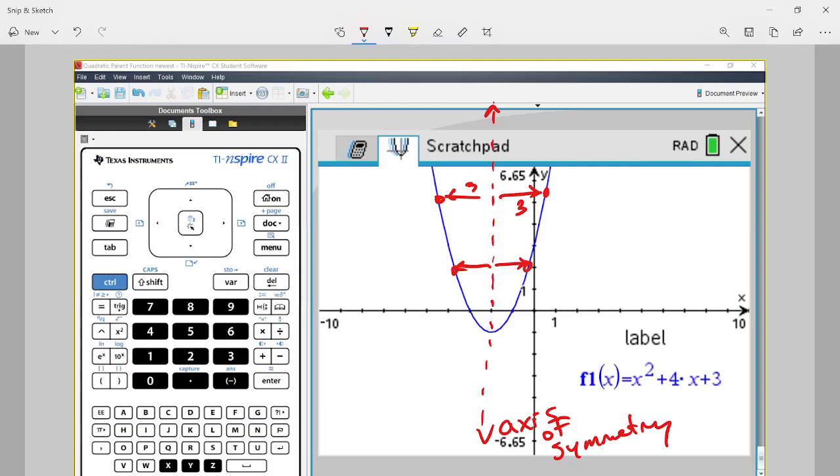That axis of symmetry, the way you find it is you do negative b over 2a. I cannot explain to you right now at an Algebra 1 level why that formula works. You see part of this formula when you do the quadratic equation? Negative b plus or minus the square root of b squared minus 4ac over 2a.